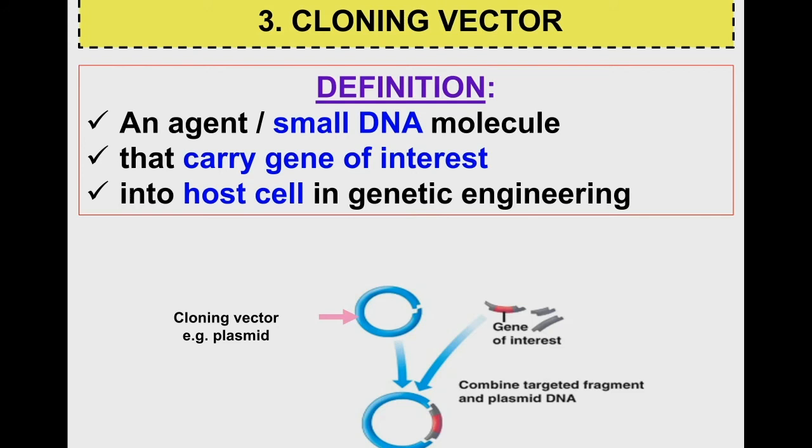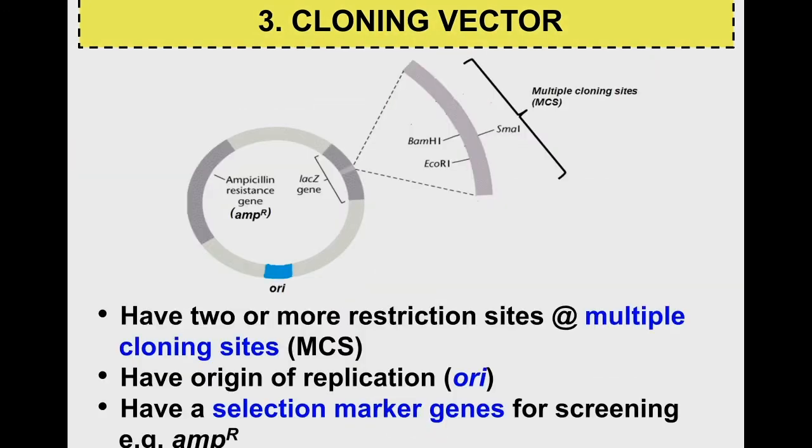Okay, the third tool that you use in this process is cloning vector. Cloning vector can be defined as an agent or small DNA molecule that carries the gene of interest, and they will combine to produce the recombinant DNA. Then they will be put into the host cell during the genetic engineering.